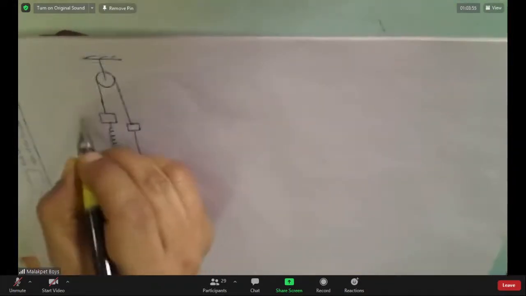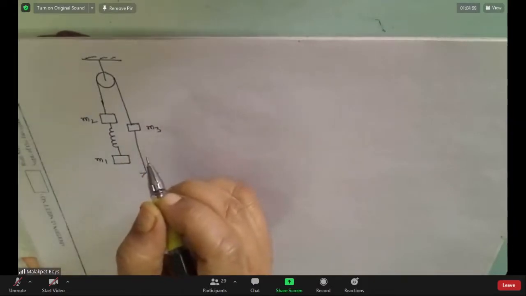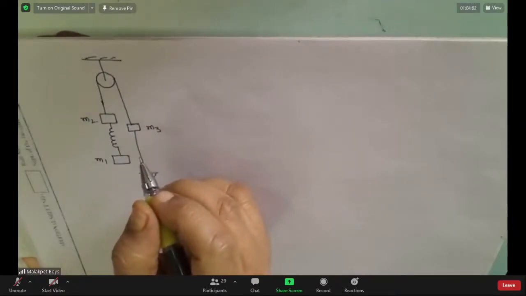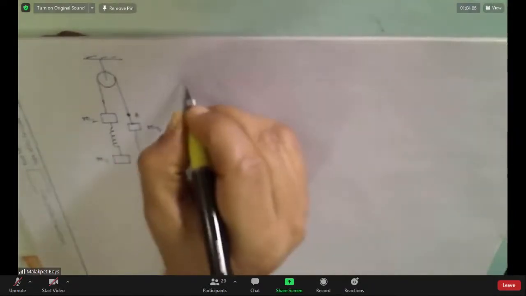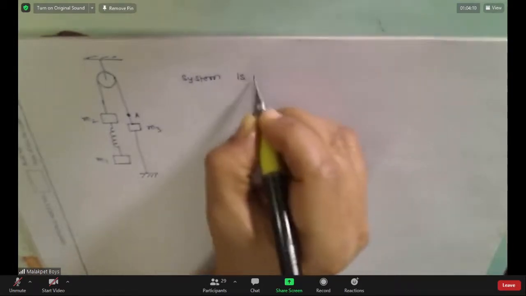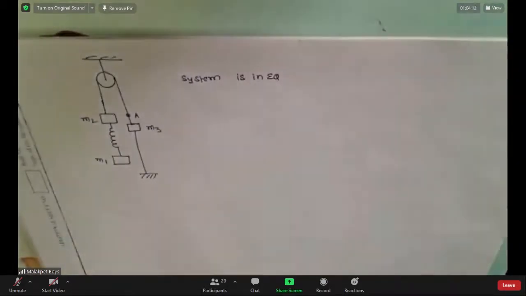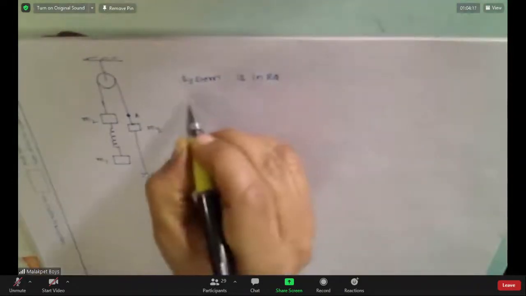M1. System is in equilibrium. Now the string is cut.